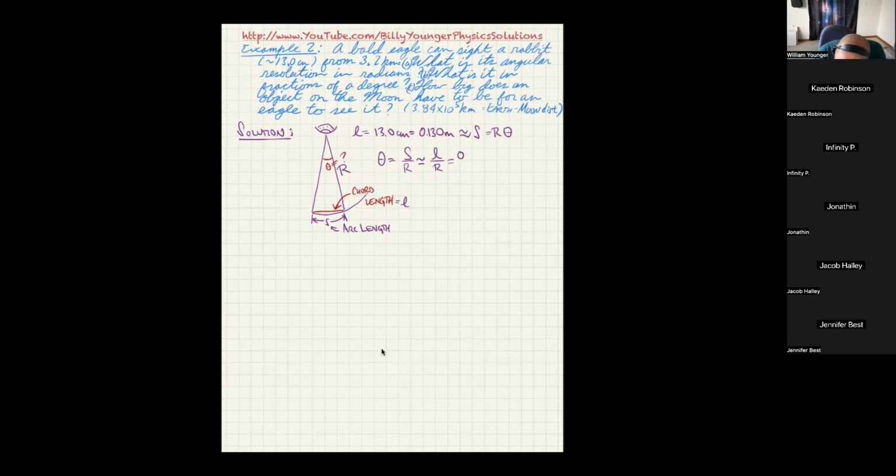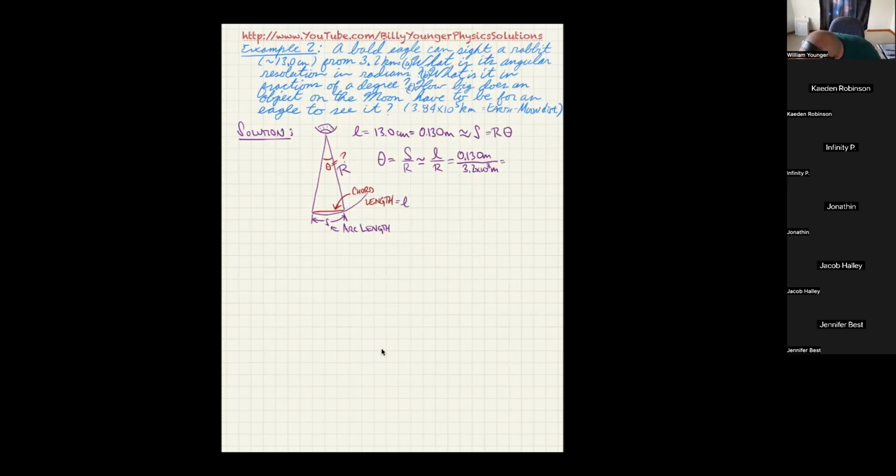And that is 0.130 meters divided by, in this case, the R is supposed to be 3.2 kilometers. So I'm going to say 3.2 times 10 to the third meters. That way they're both in meters. So I'll say 0.13 divided by 3.2 times 10 to the third.